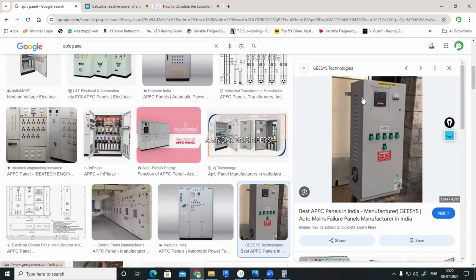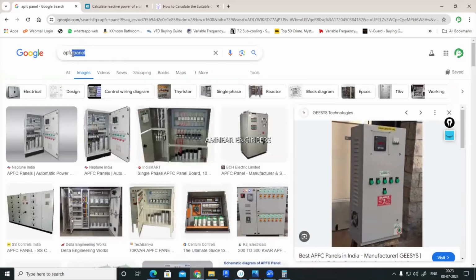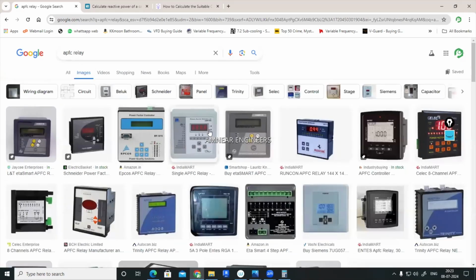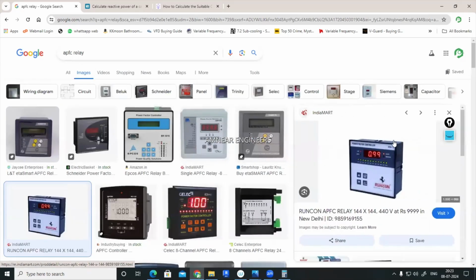So it is the display of that APFC relay, and from here you can find the power factor. Other things will be inside, connected inside the APFC panel.